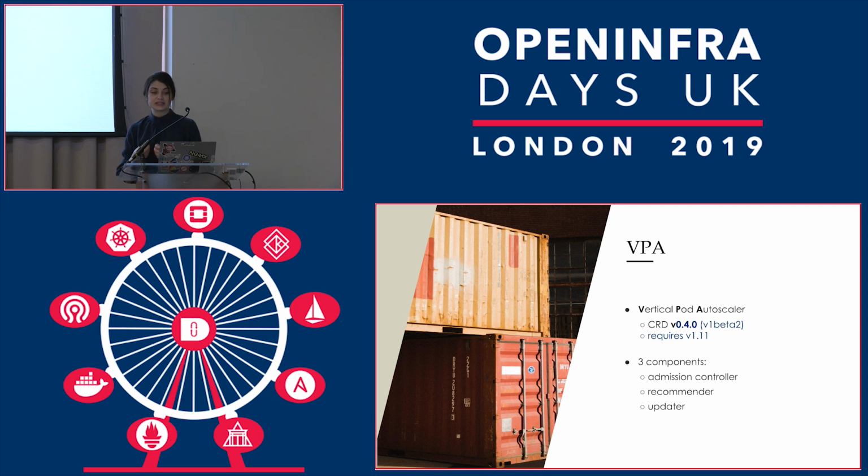The updater is going to take these values and is going to make a decision if your pod needs to be recreated with the new values altogether. And the admission controller is the part where once a request is sent to the API server with the new values for memory and CPU, the admission controller is going to intercept that and place the right values on the pod. So when you actually have the pod recreated, it's going to use those values for CPU and memory.